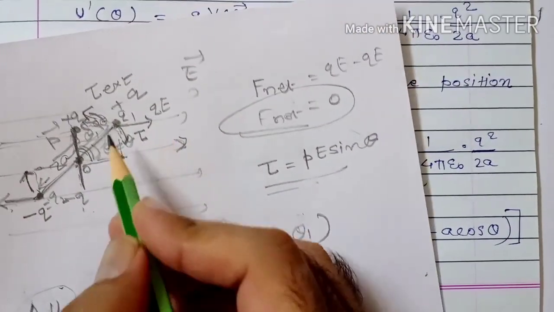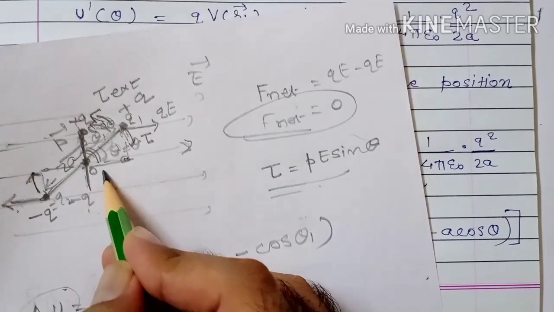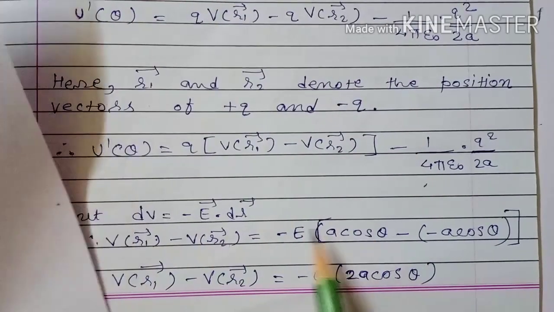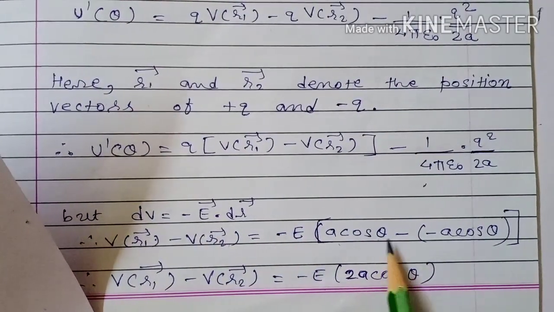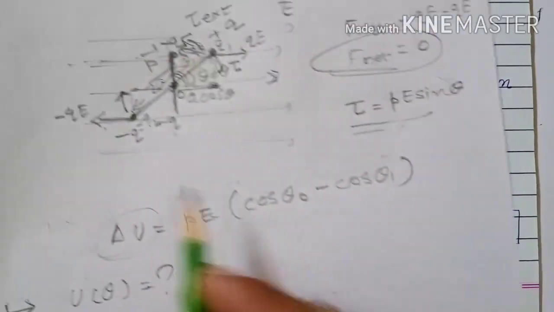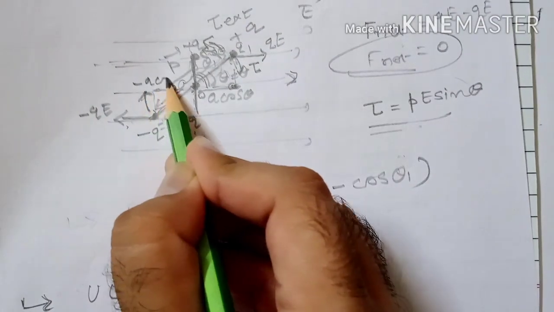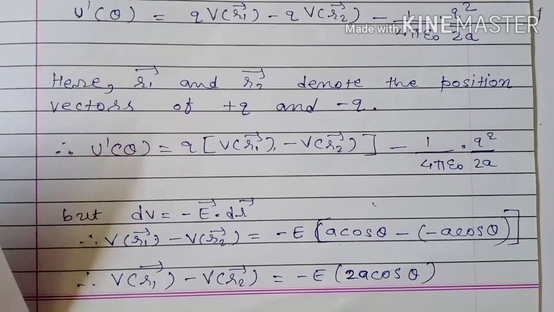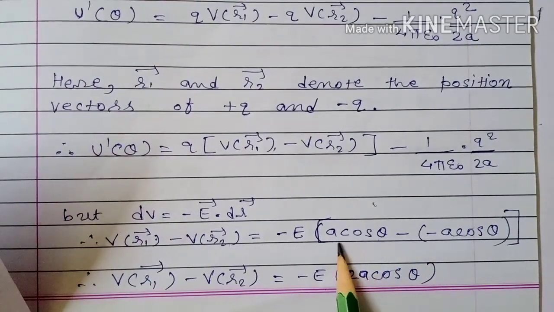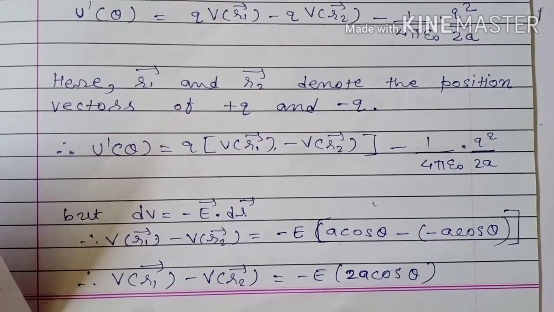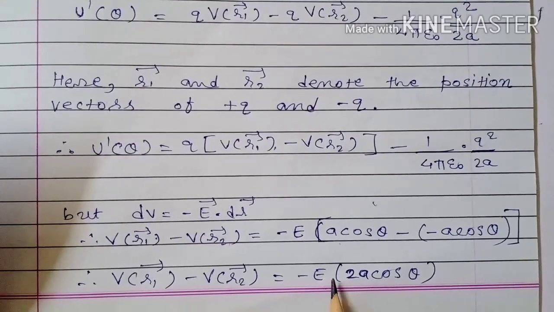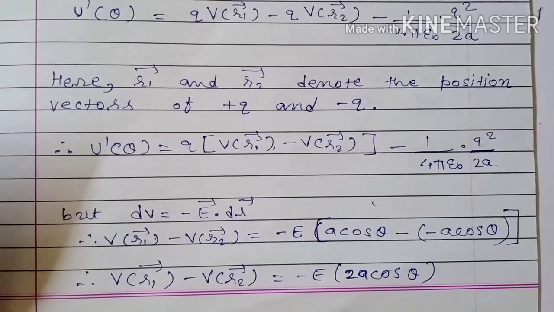If we consider the position of plus Q in the direction of electric field, then this is nothing but a cos theta. So here I am writing a cos theta minus, final minus initial, this is minus a cos theta. So a minus minus a cos theta, minus minus plus, therefore 2a cos theta. So this dr is nothing but 2a cos theta. So V(R1 vector) minus V(R2 vector) we can write as minus E into 2a cos theta.